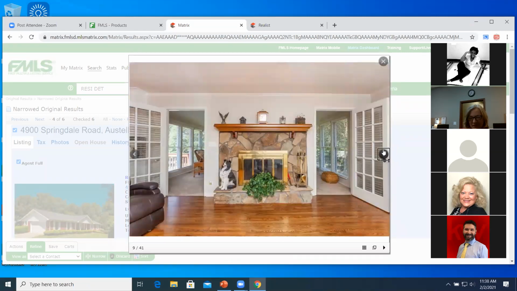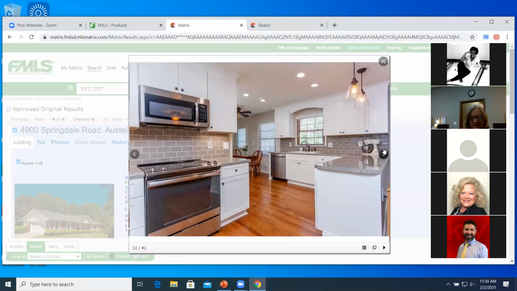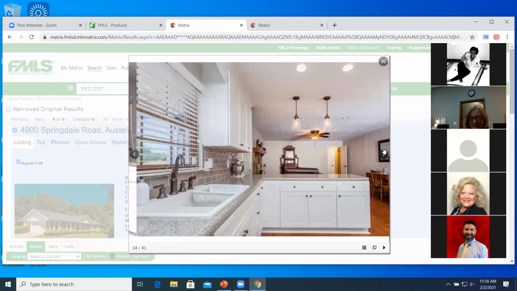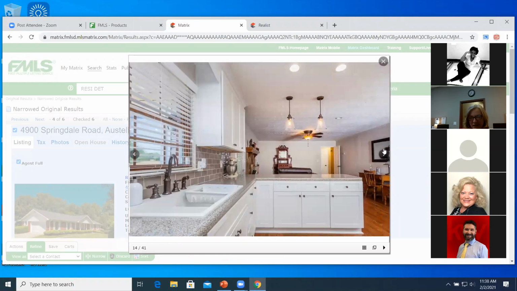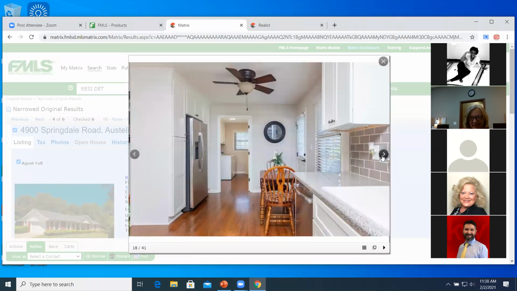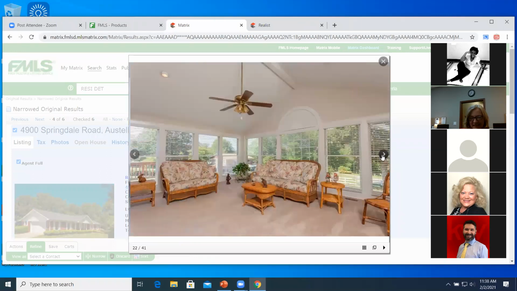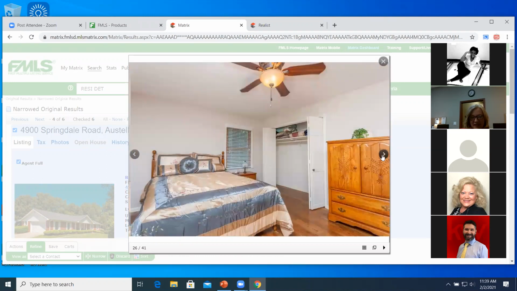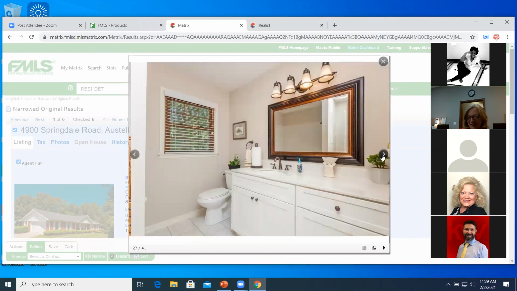Hardwood floors. Okay, they've done some updates in here on this one. I'm not saying they're great, but they did them. Still carpet a lot of places. I can't figure out why that house didn't sell, that it expired.